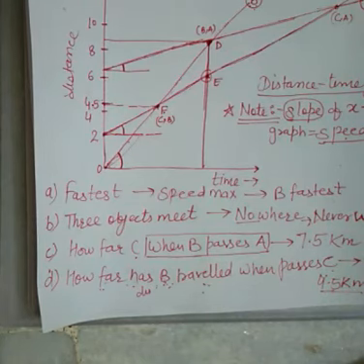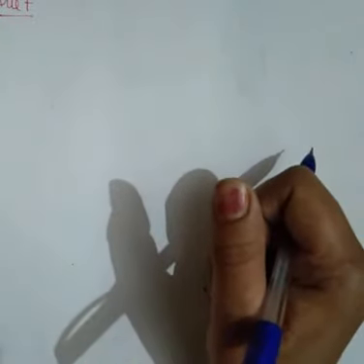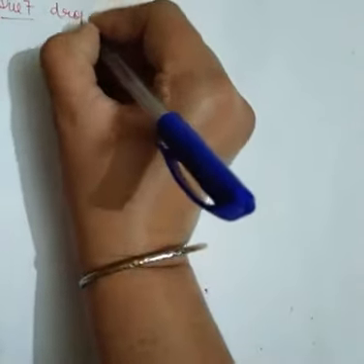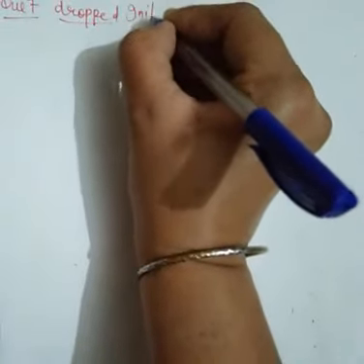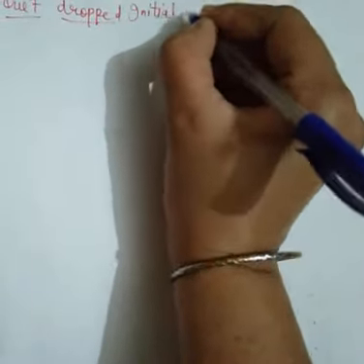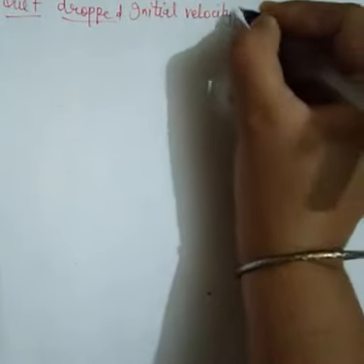Okay, so let's move to the next question, NCERT exercise question number 7. A ball is gently dropped. Whenever the word dropped is given to you, what does it mean? The initial speed or initial velocity is 0. Why 0?